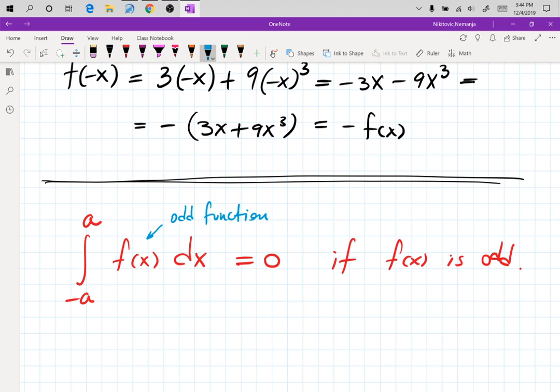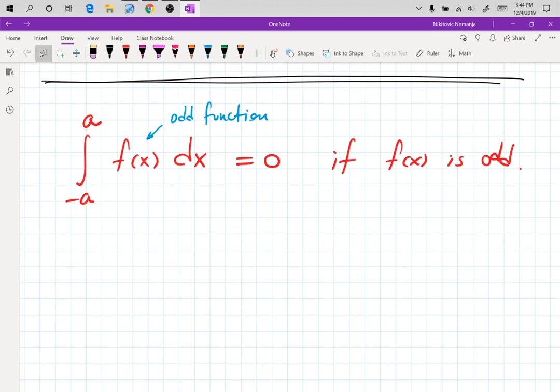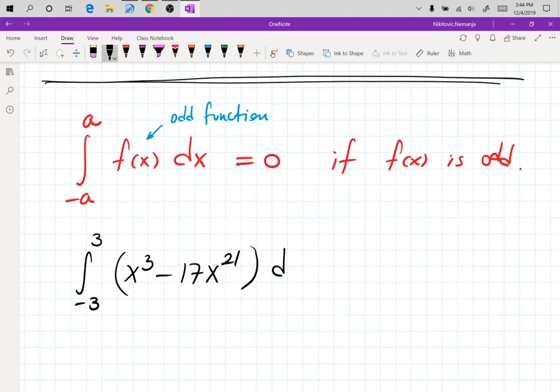The value of it at the end will be 0. So if you have the integral from negative 3 to 3 of x cubed minus 17x to the 21, like this, dx, you can immediately just write 0 because f of x is odd.